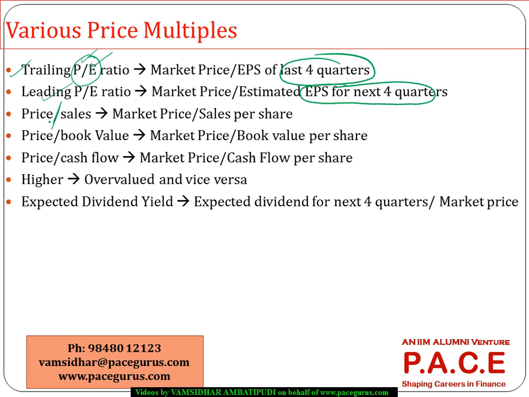Otherwise, price to sales, very common: the price per share divided by the sales per share. Price to book value, same thing, price per share divided by the book value per share. Then we have price to cash flow, the same way.